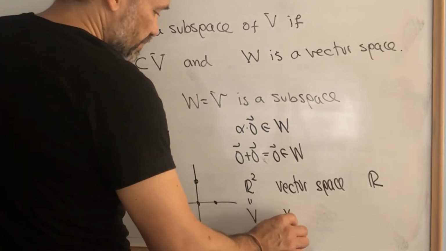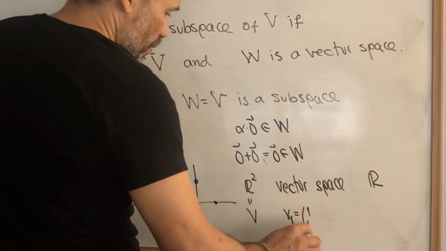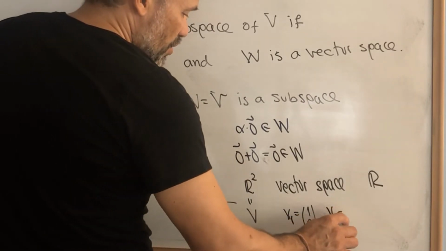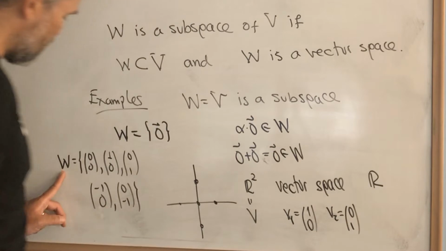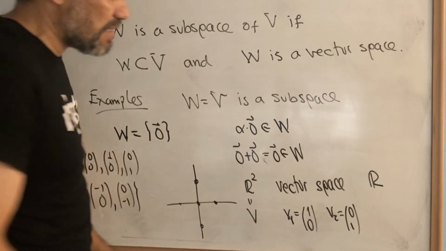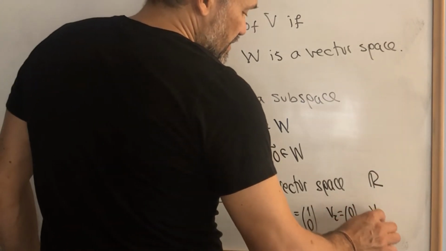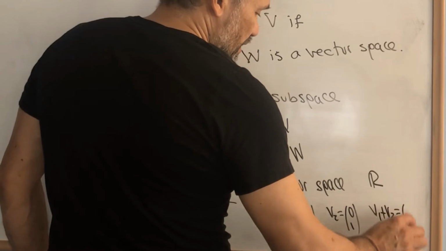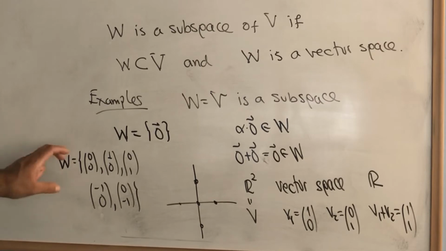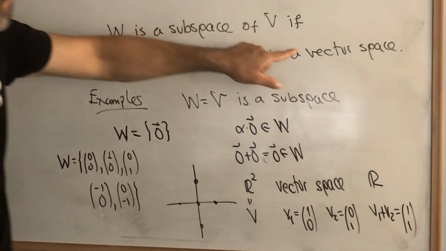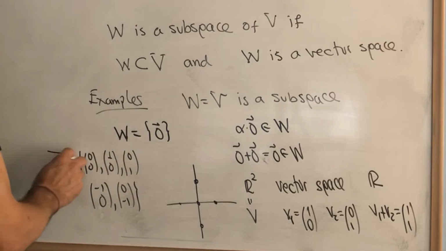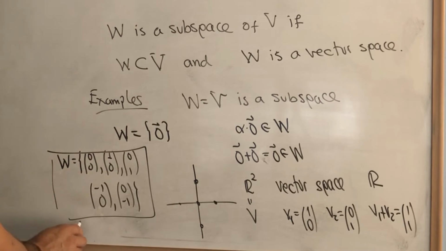If we pick v1 to be (1, 0), (1, 0) is an element in W. And if we take v2 to be (0, 1), (0, 1) is an element in W. Then if it is a vector space, the sum must be in W. In this case, the sum v1 plus v2 is (1, 1), which means that the sum is not defined in W, right? And therefore, it's not a vector space on its own. For that reason, this W is not a subspace.